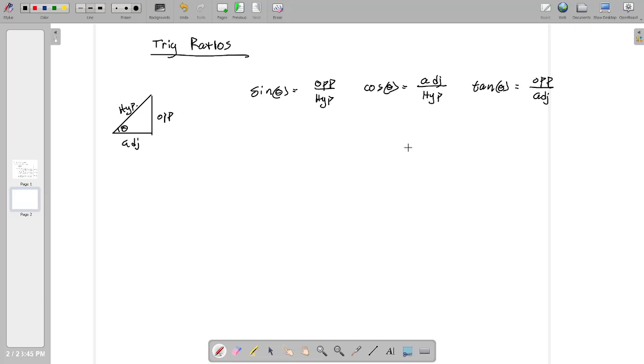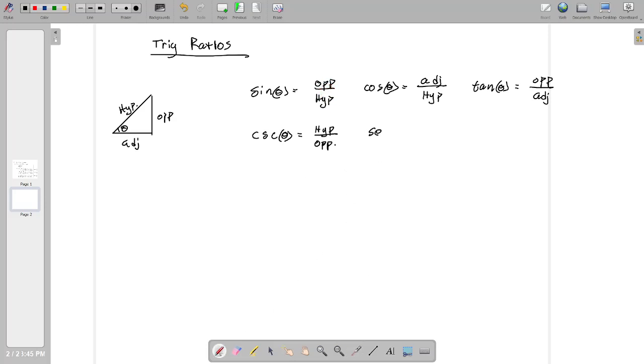There's three more trig functions that we don't have labeled here. Namely, the reciprocals of each of these. We'd have cosecant, which is the reciprocal of sine, and we'll talk about reciprocals later. This is hypotenuse over opposite. You just flip this fraction.